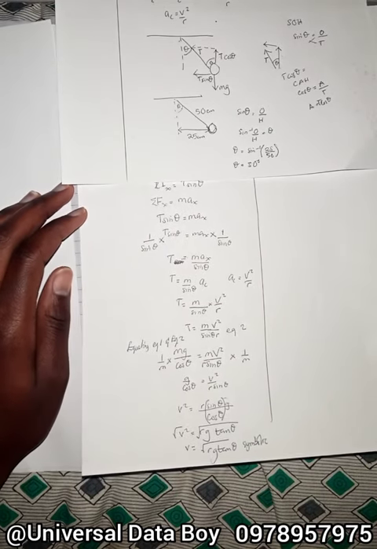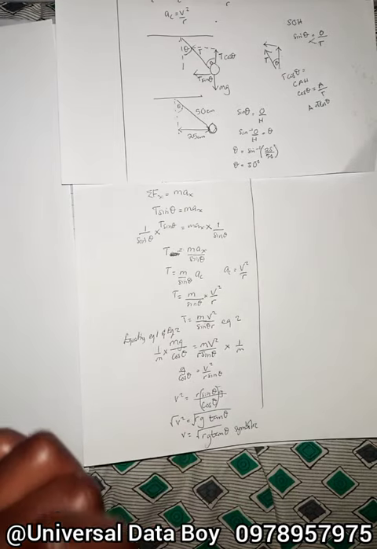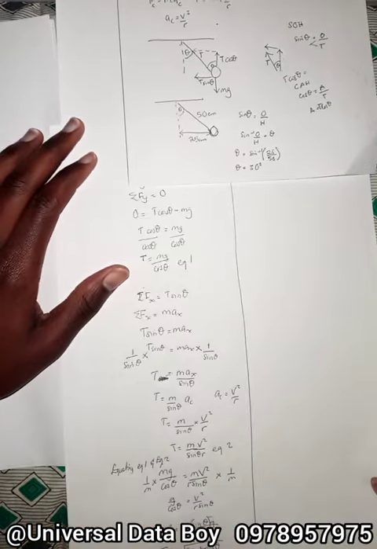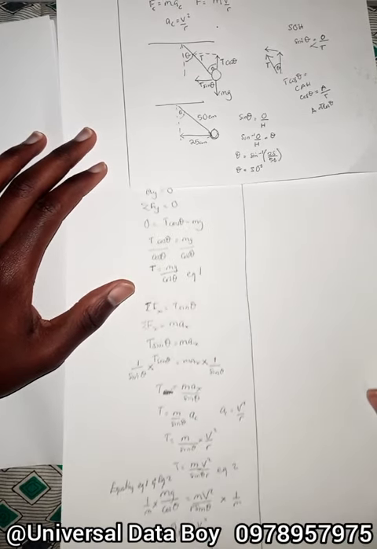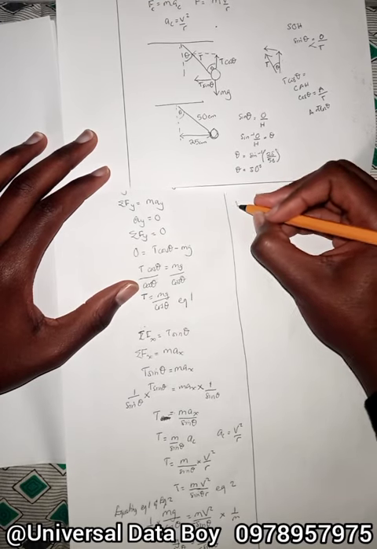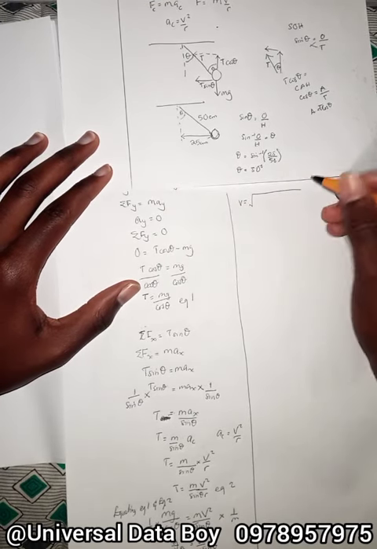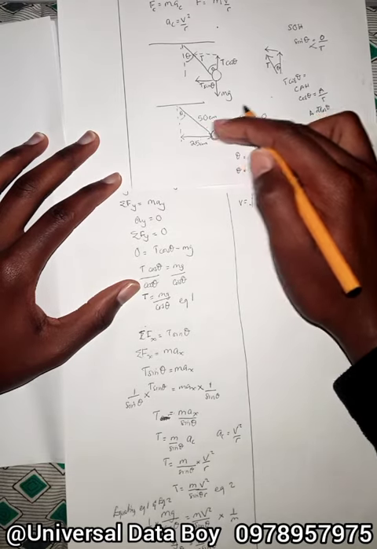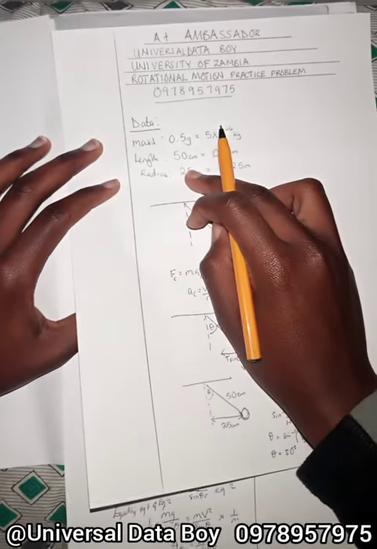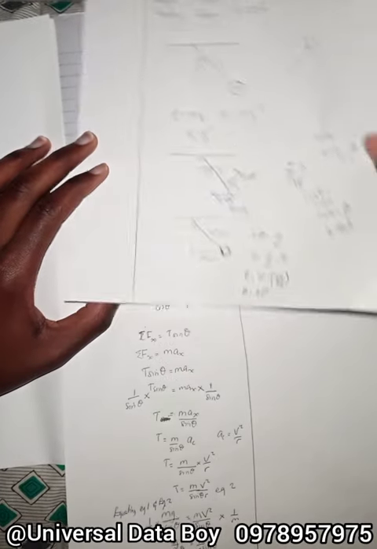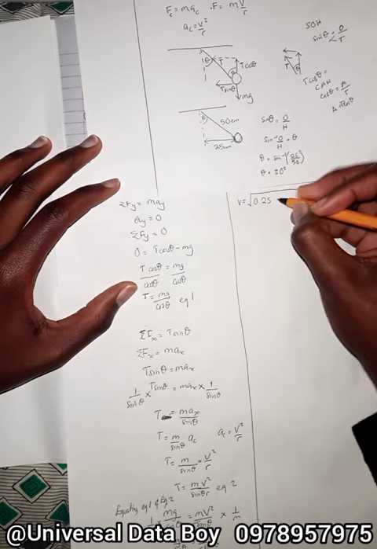Now, this velocity does not depend on the mass, so now we can go ahead and plug in the values, and then we are going to find the velocity. So now we are saying our v is equal to... we know very well that our r is, according to our data, 0.25.